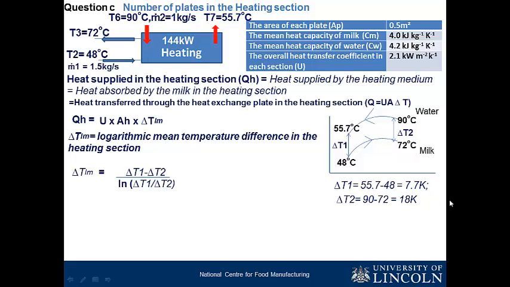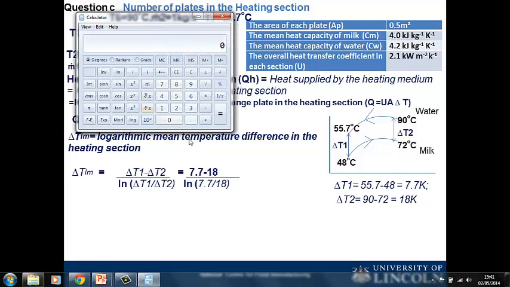So in your scientific calculator, you press this first, open the bracket, press 7.7 divided by 18, close the bracket, press equal to, and you will have your answer for the denominator.